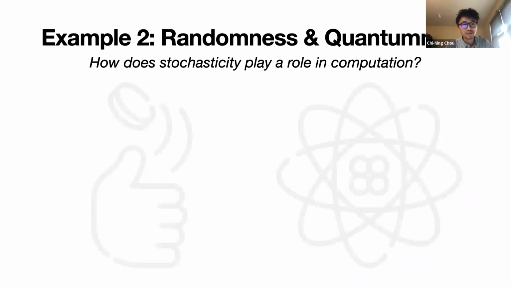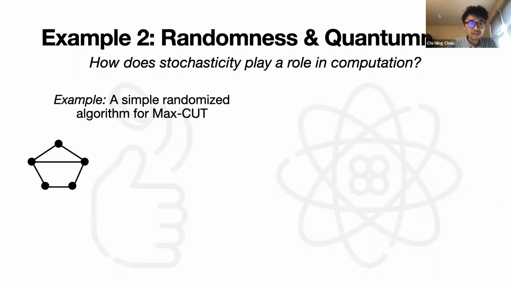The second example I want to talk about is randomness and quantumness. For quantumness, maybe I'll give more examples and details in a future lecture. So how can randomness really help in computation? I want to use one of my favorite simple examples, called max cut. We probably saw max cut in the previous lecture.